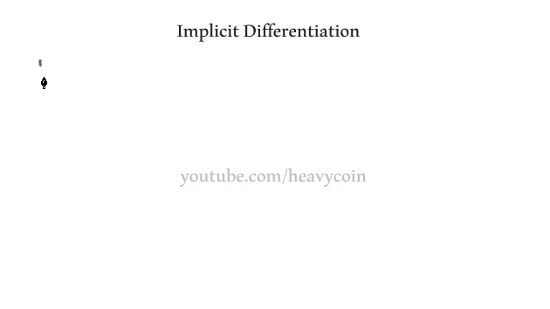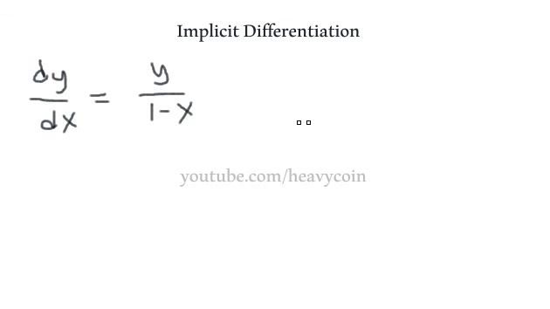So we have dy over dx is equal to y over 1 minus x. Okay, and remember, the goal here is we want to find the second derivative of y with respect to x.